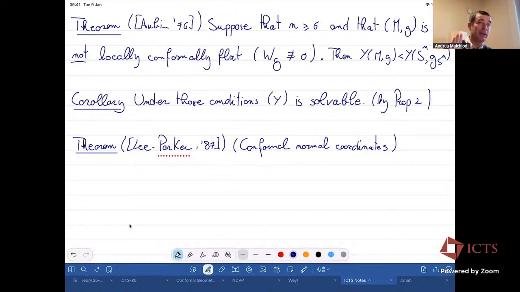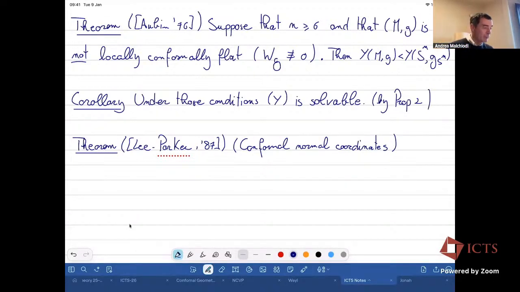Our problem is in fact conformally invariant. So if you solve the Yamabe problem for one metric, and then you change the metric conformally, then you obviously find another solution. So you can choose to start from the conformal metric you want. And then once you choose that conformal metric, you can use normal coordinates for that other metric.